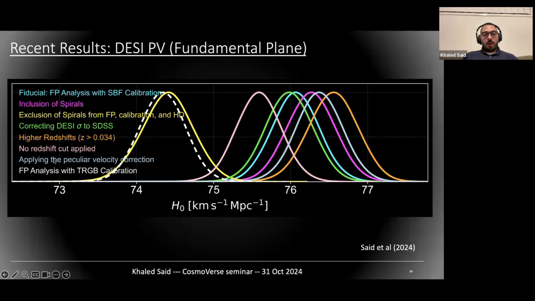And what happens if we have a higher redshift cut, like 0.034, for example? We get this other curve here. Basically, if we have no cut, it becomes lower. If we have a higher cut in redshift, we get a higher value of H naught. We also tested applying a BQ velocity correction for our ZCMB when fitting for the Hubble constant, and that moves it a little bit higher as well.